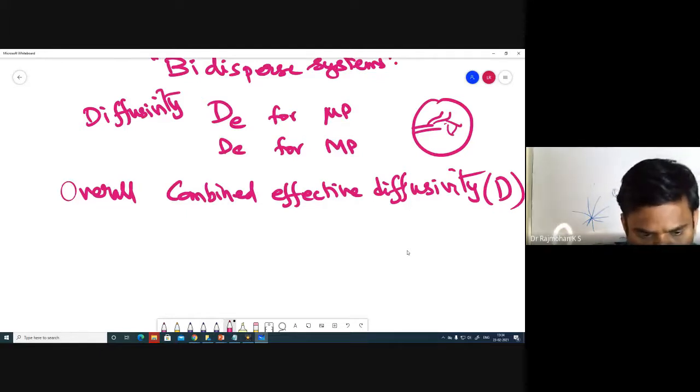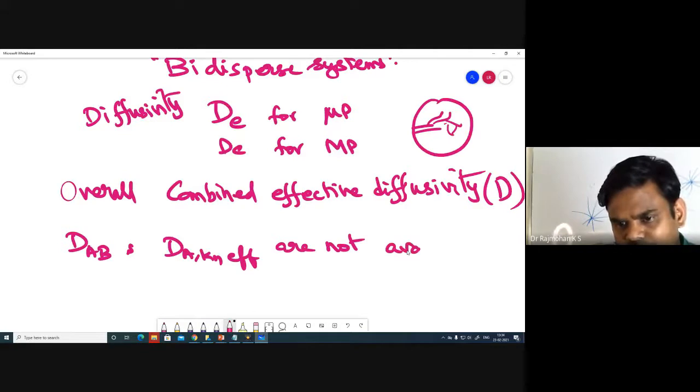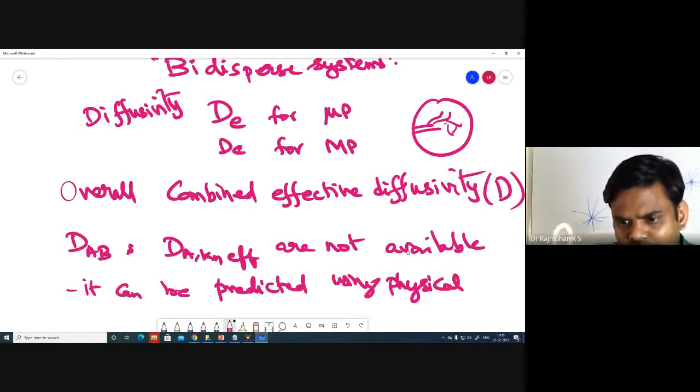Whenever DAB and DA Knudsen effective are not available, they can be predicted using physical properties of the porous solid.